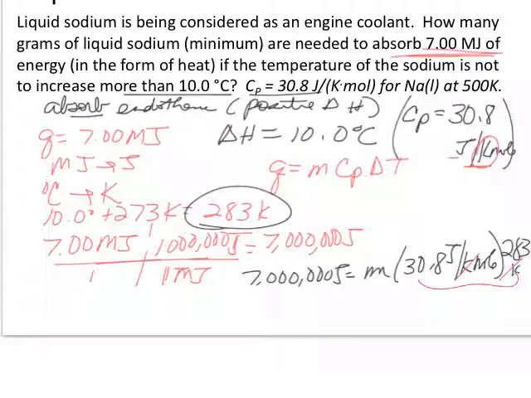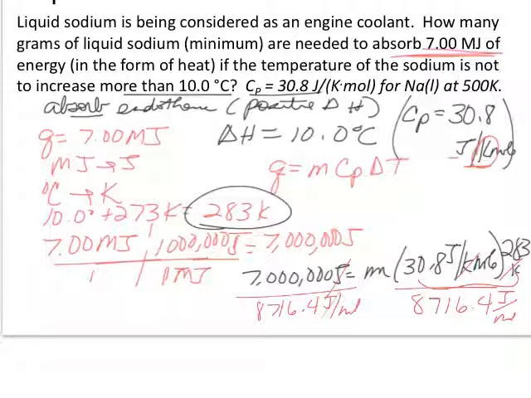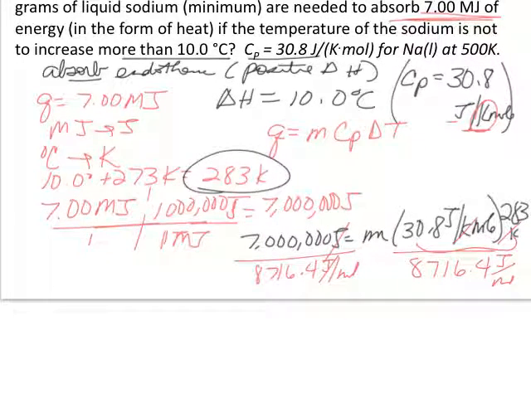We divide both sides by 8716.4 joules per mole. The joules will cancel out, and you are given 803.08 mole equals your mass.